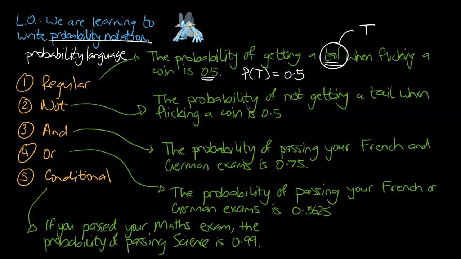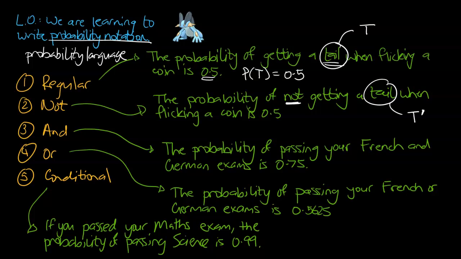Now, this one's very close, the not scenario, so what we're looking at next, the probability of not getting a tails is 0.5. So not is the only difference between this and the first question. We know that not a tail is heads, but let's talk about our probability language though. So we know that this is a T for tails, and when you're looking at not that, we put a little apostrophe.